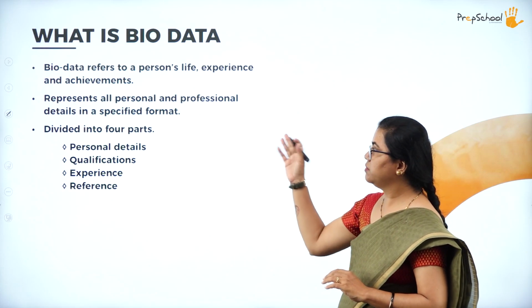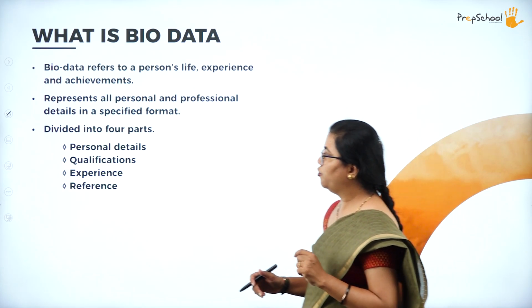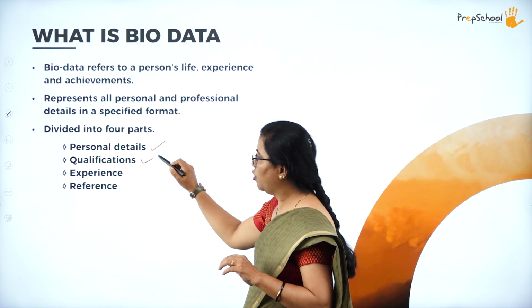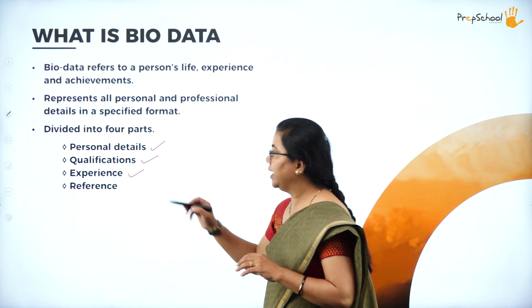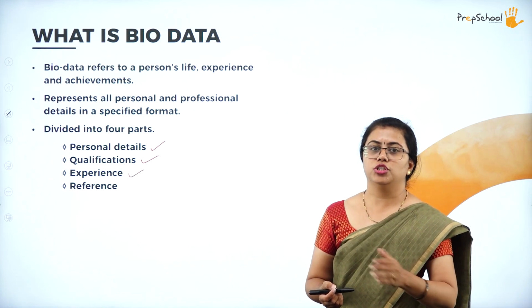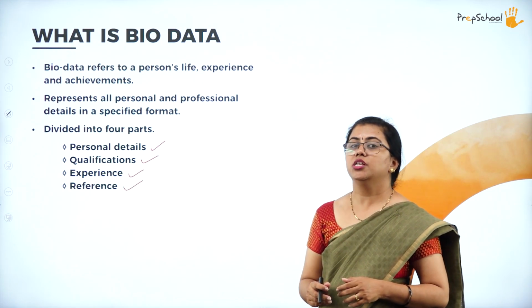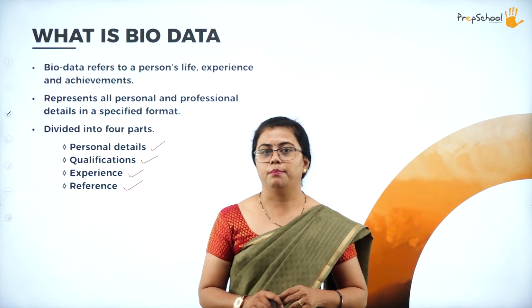Okay, so all the details will be present in this biodata. This biodata is actually divided into four parts. First will be the personal details of this person, then the qualification that he has in the relevant field, and also the experience that he has for the job he is applying, and also few references. Okay, so reference is one of the most important parts you should have in a biodata.